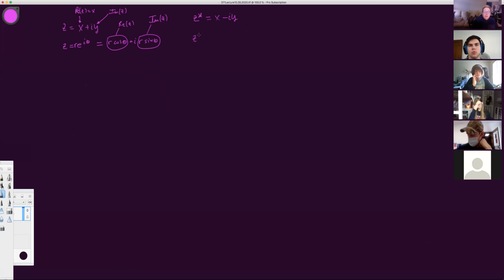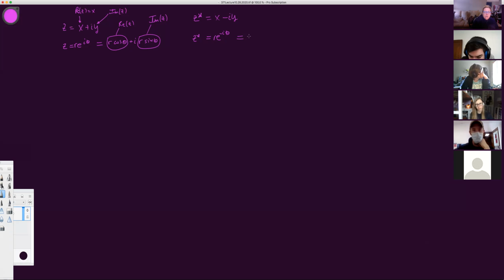So z star in the polar form is just going to be r e to the minus i theta, because if you think of it as negative theta here, right? So let's delve in a little bit.